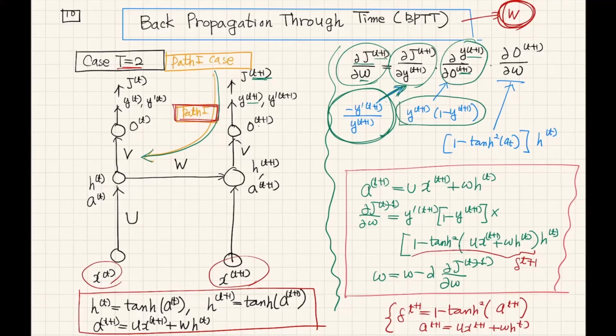The third one is that we have to make a derivative of the output function with respect to W. W is the weight connecting the previous hidden layer to the output layer.